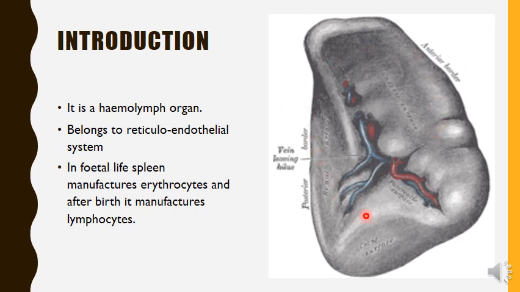Whereas within the spleen, there are some lymphatic follicles, or lymphoid follicles, and they are going to filter the lymph. That's why we are calling it a hemolymph organ, and it belongs to the reticuloendothelial system. In fetal life, the spleen manufactures erythrocytes, and after birth, it manufactures lymphocytes.